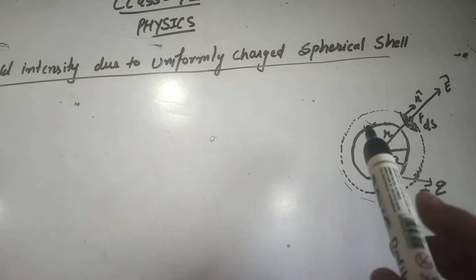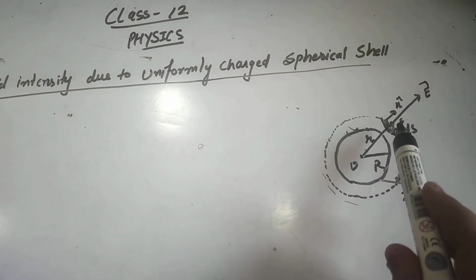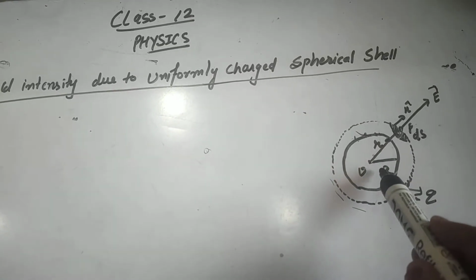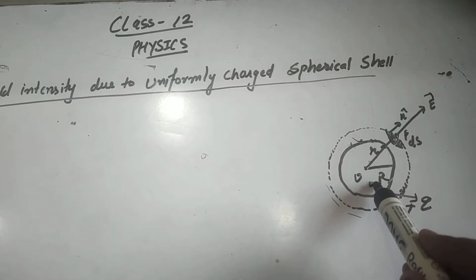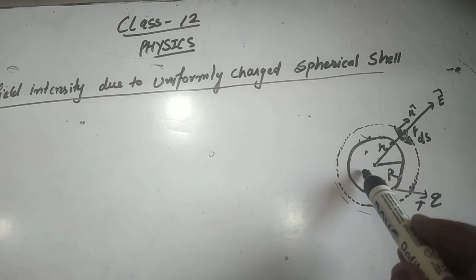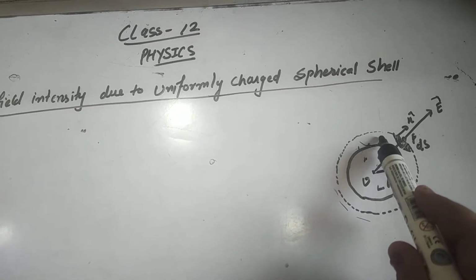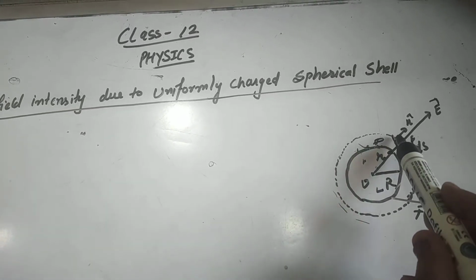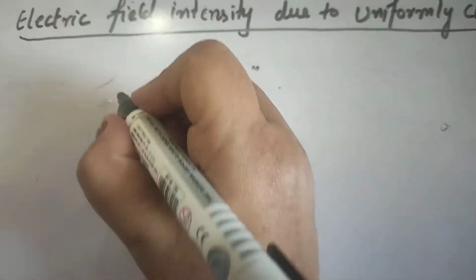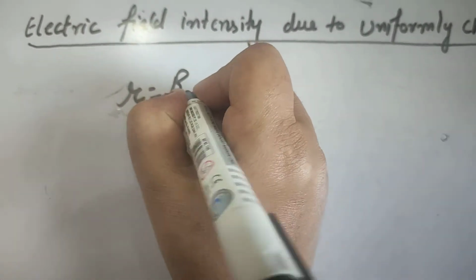At the surface of the spherical shell means the point P is lying at this point. It means the radius of the spherical shell, capital R, is equal to the small r value, which is the distance of point O from P. So all the arrangements can be shifted to here, and that will be the similar point. So putting r is equal to capital R.